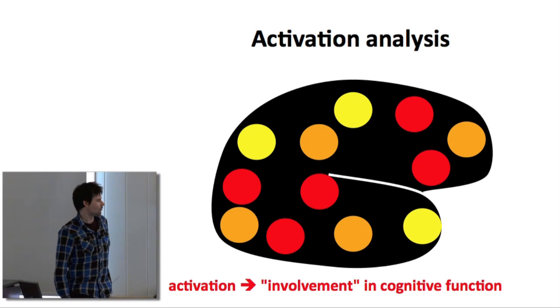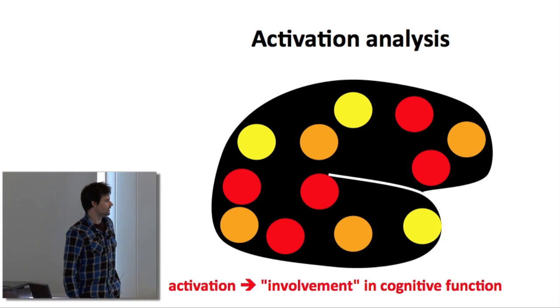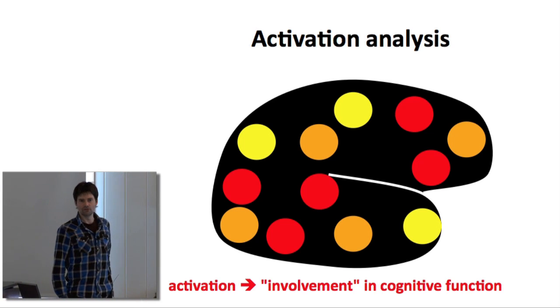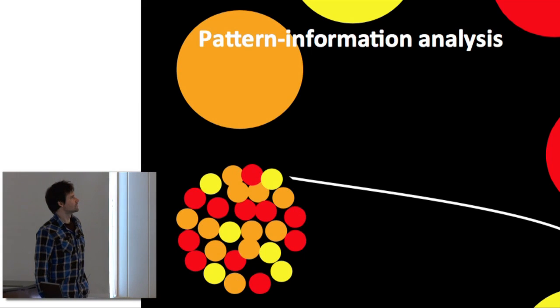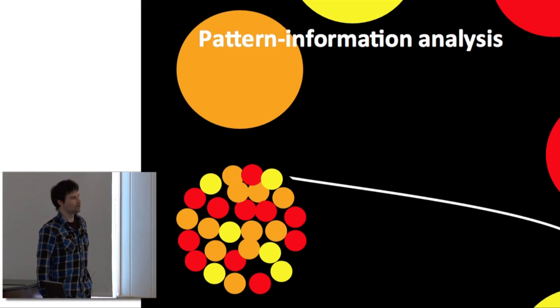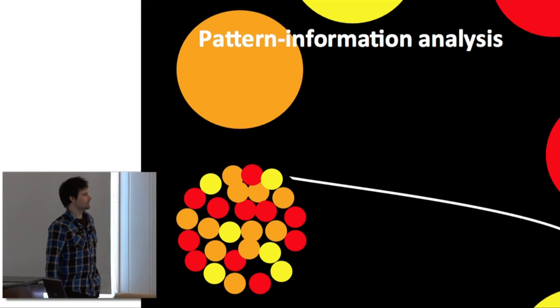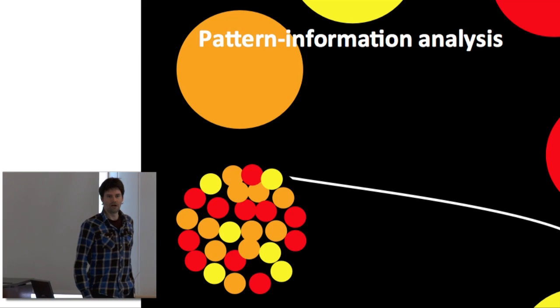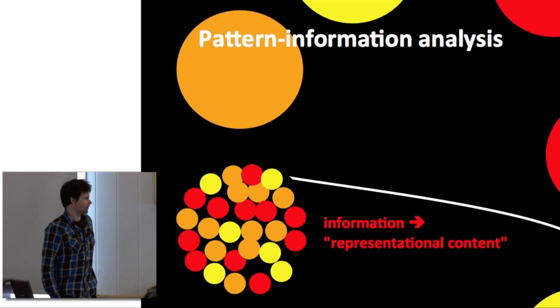The general rationale for this is that activation indicates the involvement in some cognitive function of a region of interest. More recently, inspired in imaging to a large extent by Jim's work, people have been interested in pattern information analysis, where we zoom in on a part of the brain and look at the pattern within a region and analyze that for the information it contains about the stimulus, typically.